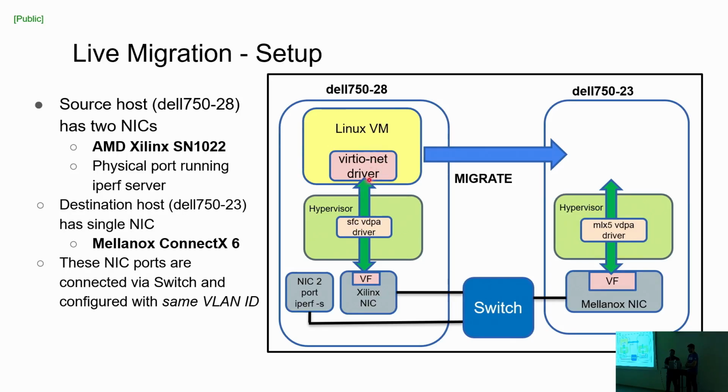The virtio-net driver would send packets through the Mellanox NIC to the switch and then to the secondary NIC. So this is how the demo is established. In order to allow the data path across all 3 NIC ports, we maintain the same VLAN ID on the switch ports, and we are using the AMD Xilinx SN1000 card on the source and the Mellanox ConnectX-6 card on the destination.